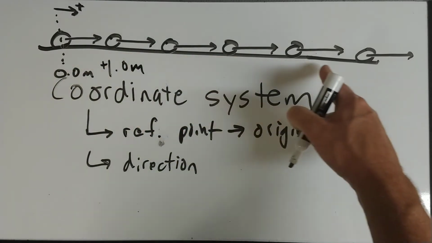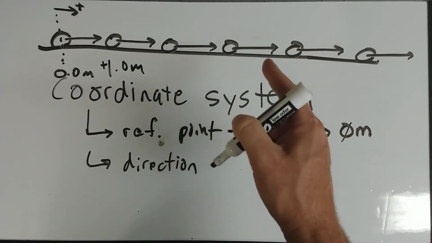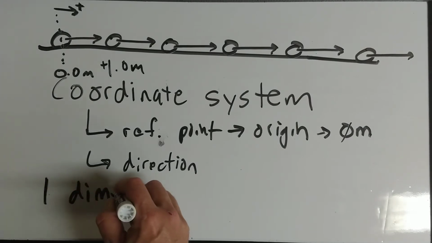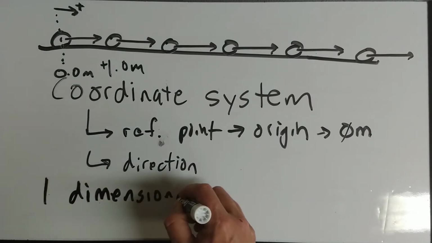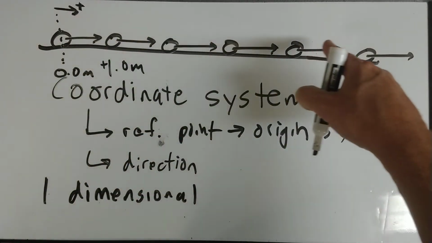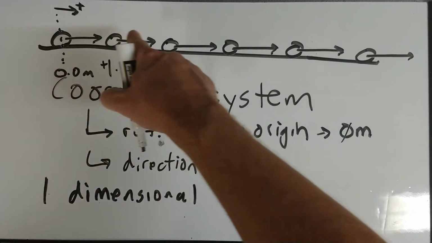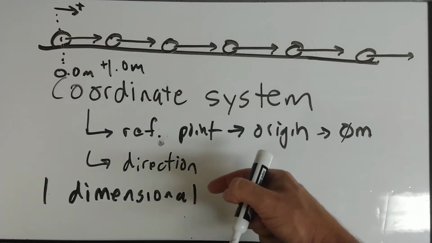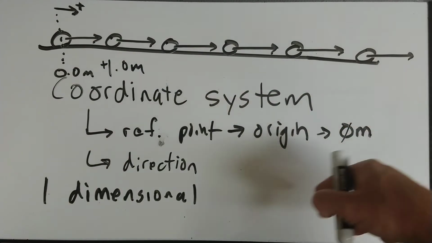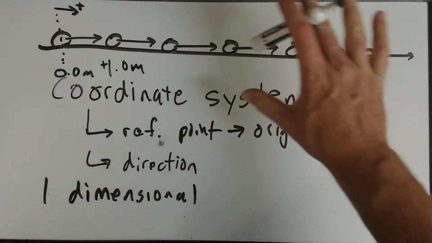So it's moving along a straight line. I should make that note here. This is a one-dimensional coordinate system. Okay, it's just an object moving in a straight line, one dimension, the x direction, right? Two-dimensional motion would be something moving in an arc or a circle in a plane on a flat ground, right?